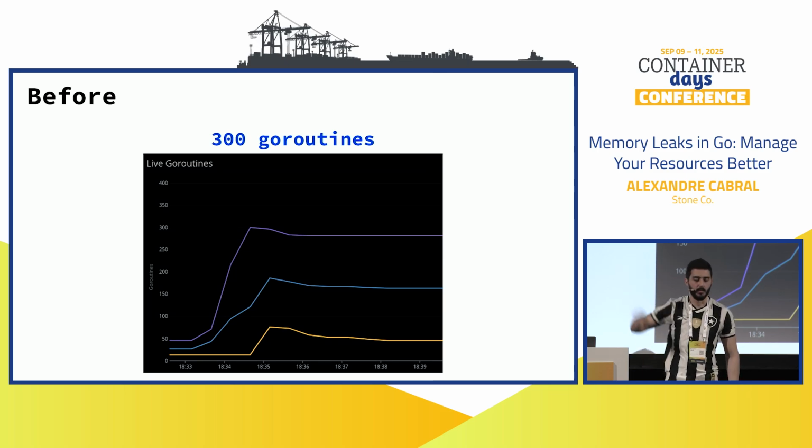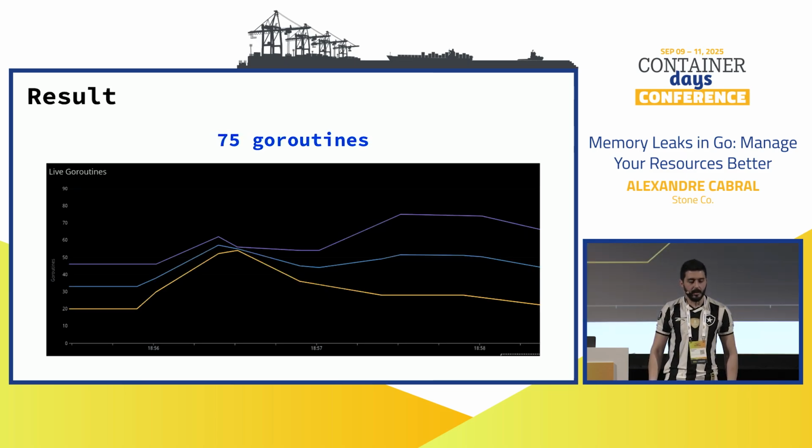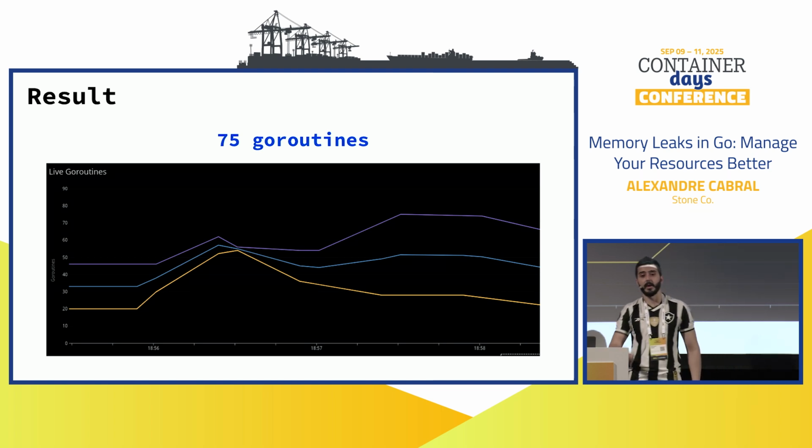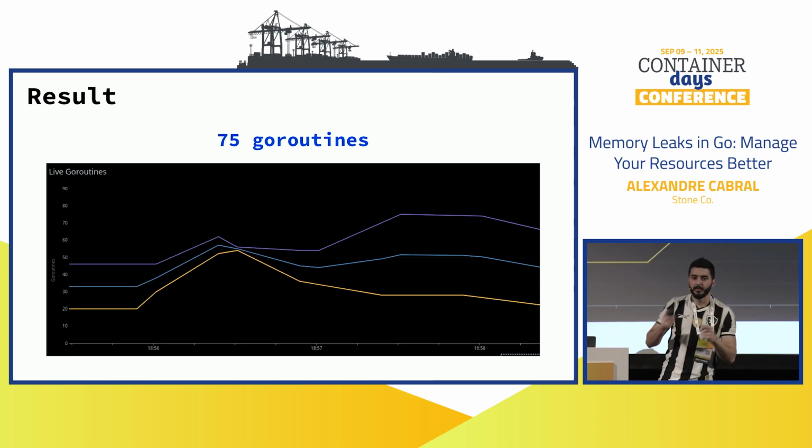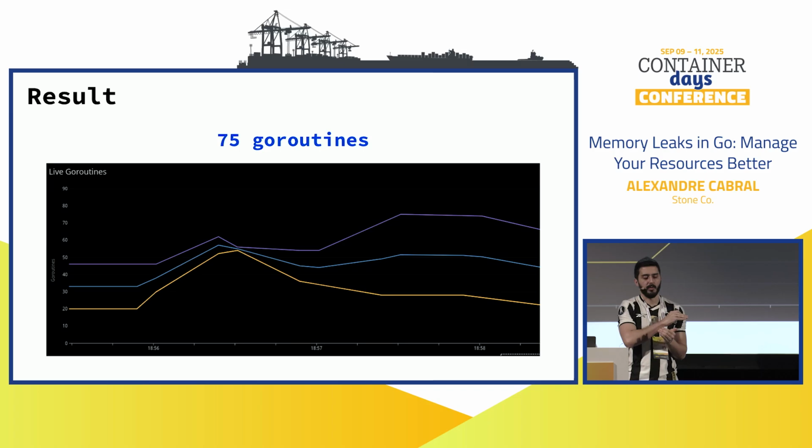It stayed there, okay? And this is after the correction. After I transformed the channel from an unbuffered channel into a buffered channel, we can see that we went from 50 to 75 goroutines max, and it was descending at the end, going back to our expected number of goroutines.